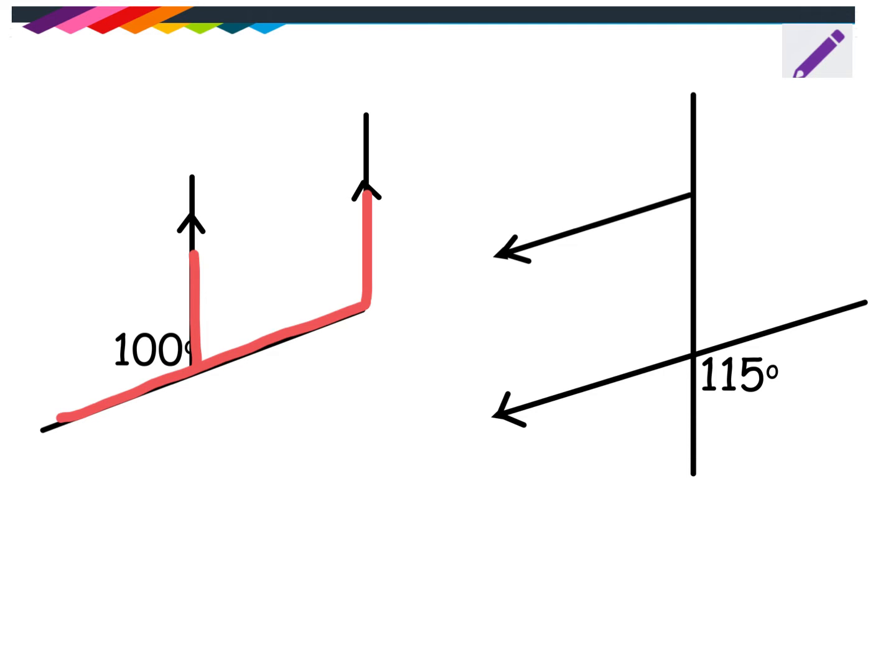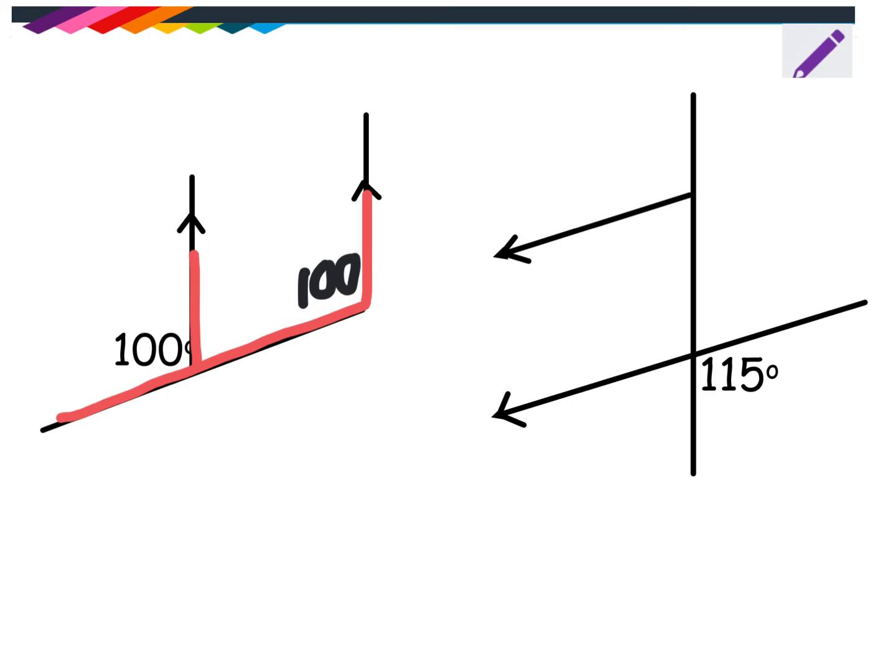So that 100 is to the left of the parallel line. So to the left of the other parallel line, here is your other 100. And notice it looks like it's just slid along to the right. And in fact, if I then continue this and do another parallel line, this one here would also be 100. Or if I do another one down here, this one here would also be 100, always to the left of your parallel lines.